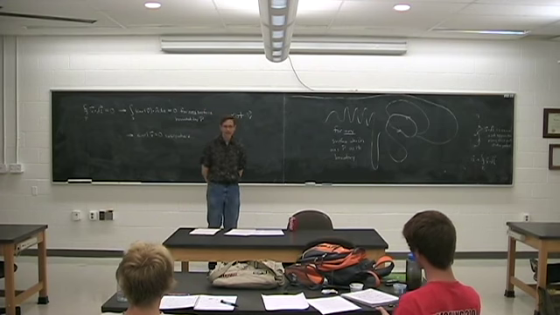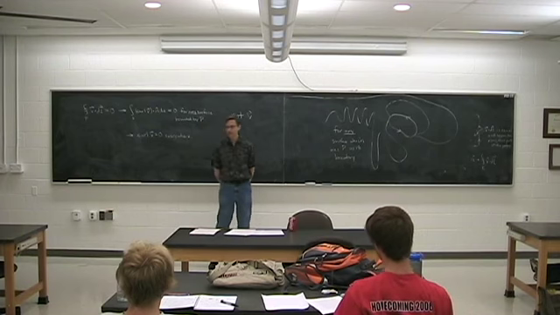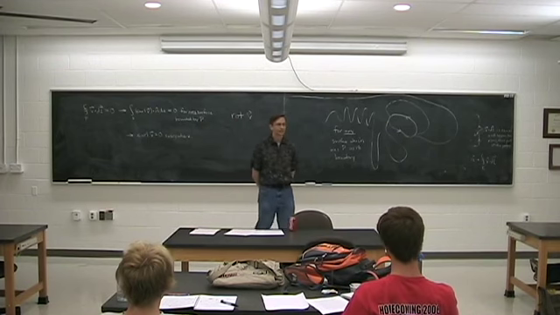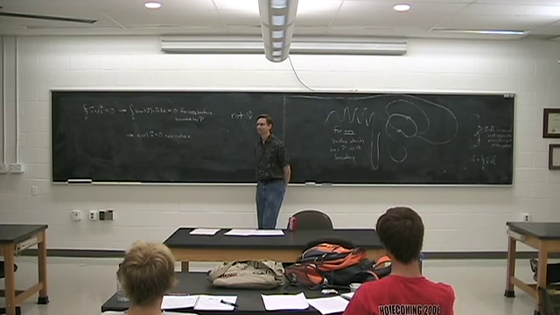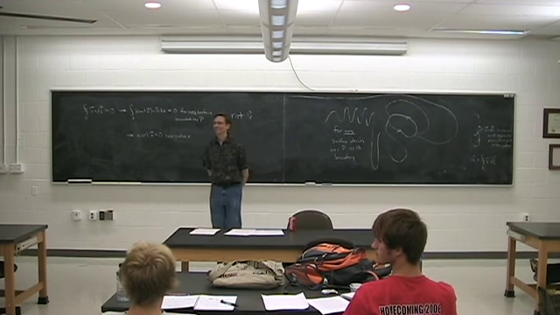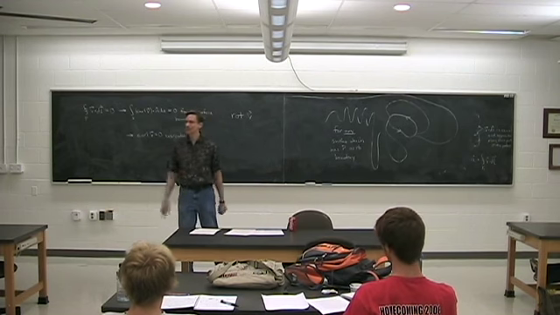Can you think of a static example? An example from electrostatics or magnetostatics? Okay, I'll give you a hint. Magnetostatics. Think of a magnetic field which has a curl. Yes? Oh, the one around a wire. Yeah, right. Think of a wire.